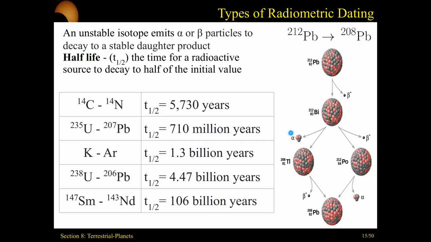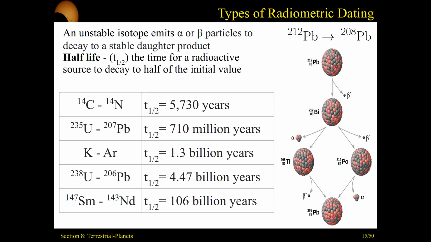Notice that every time alpha particles leave, some nuclei are getting ejected, leaving the system. And that's how radioactive decay works. You're going from a heavier isotope to something lighter, from one isotope to another isotope.